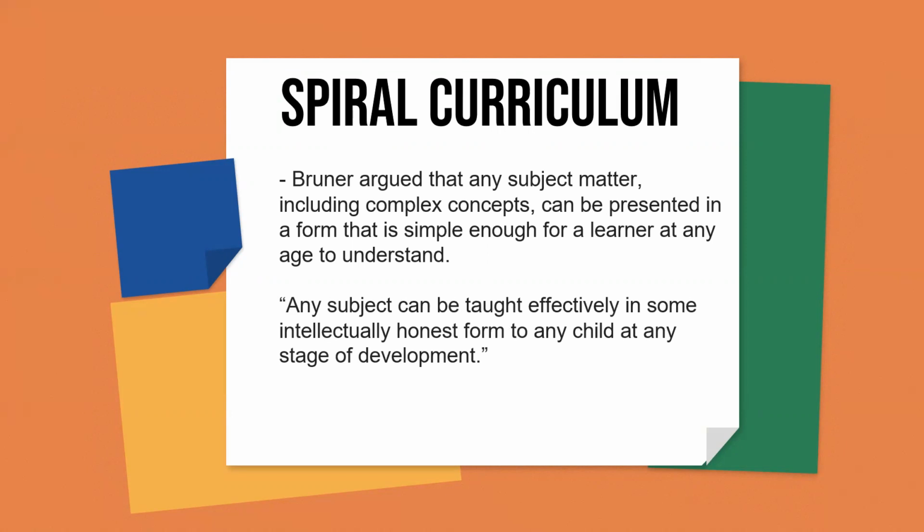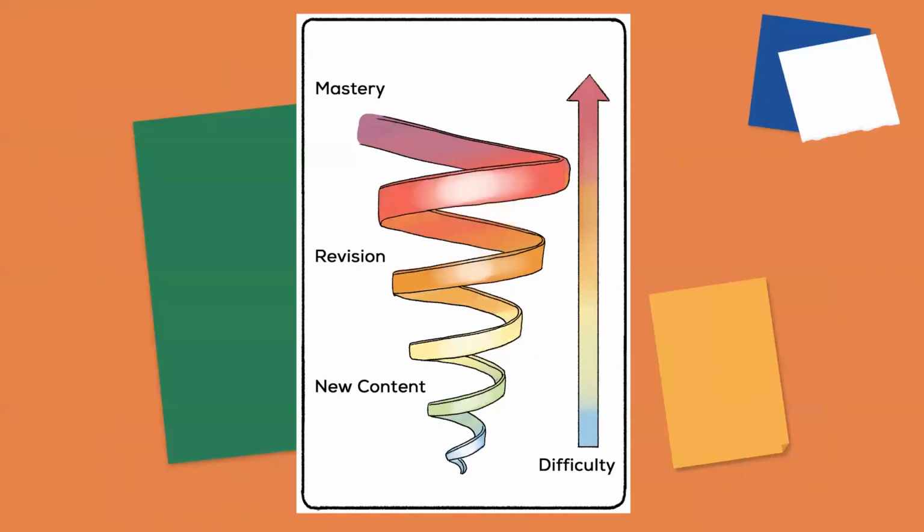Quoted from him, any subject can be taught effectively in some intellectually honest form to any child at any stage of development. So Bruner stressed that teaching should always lead to boosting cognitive development.